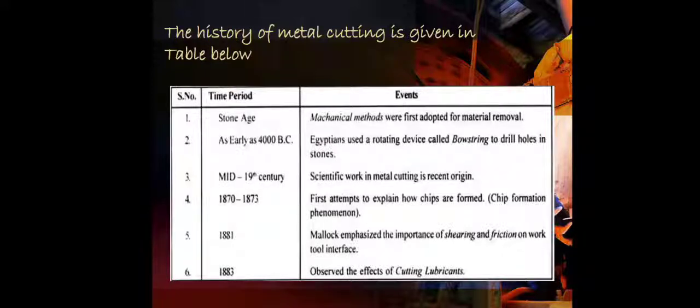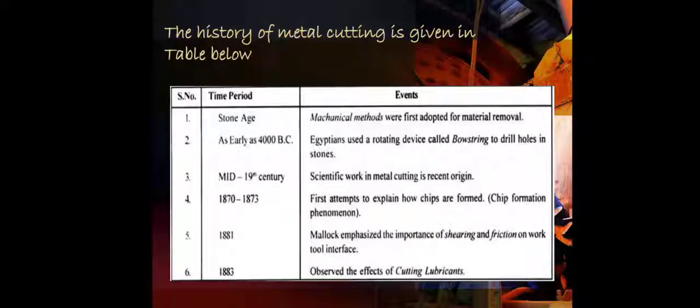In early 4000 BC, they used the rotating device, which I just told you, the bowstring, which is used to drill in stones. And in the mid 19th century, they followed scientific work in metal cutting. In 1870 to 1873, the first attempt to explain how chips are formed. So basically, the chip formation and its phenomenon.